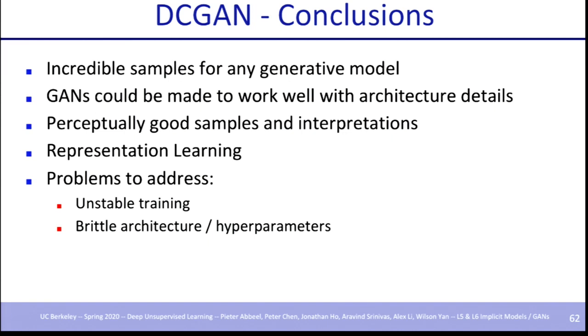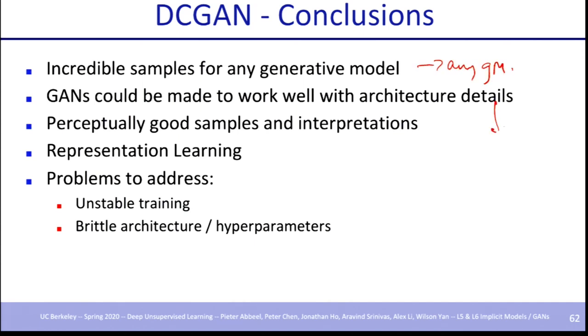All right. So DCGAN produced incredible samples for any generative model for the first time. Even though PixelRNN existed at that time, DCGAN samples were more diverse, bigger images, bigger resolution, way more realistic. And so this was exciting for any generative model.